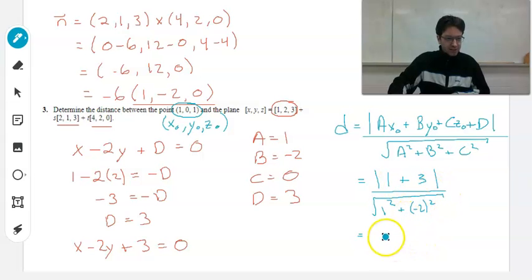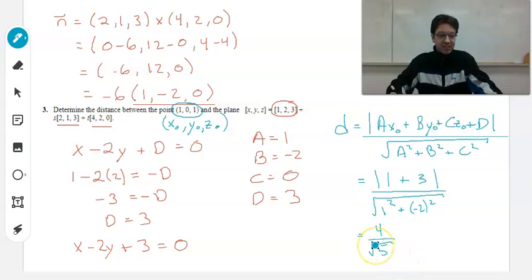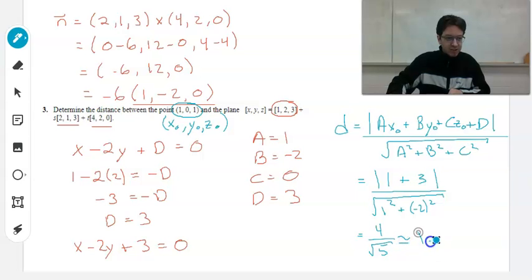Great. So that gives us 4 over the square root of 5. So that's your distance to the plane, and if you want, you can say that is approximately 1.8 units, or 1.7.